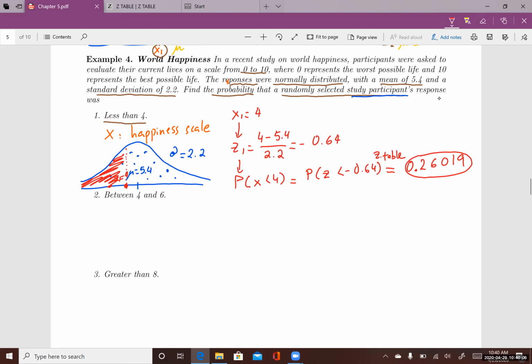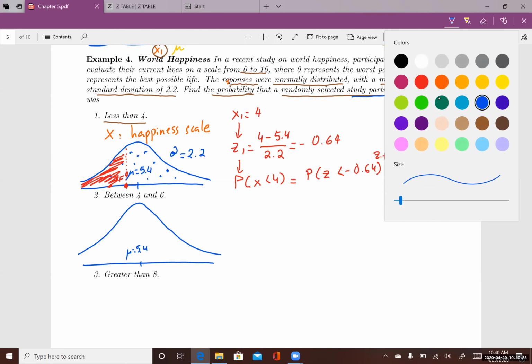How about the probability that any random study participant's response will be between 4 and 6? Again, we just want to draw a distribution so then you know which area you are supposed to find, right? So again, mu is still 5.4.